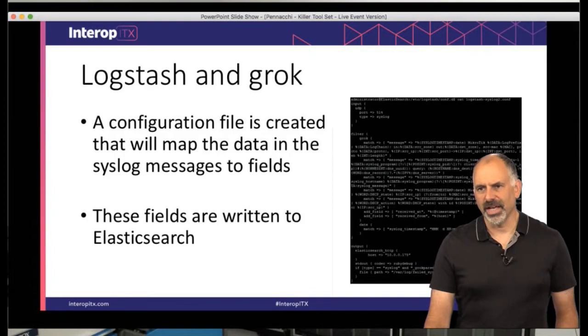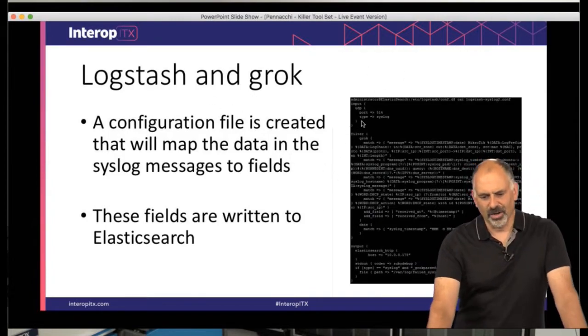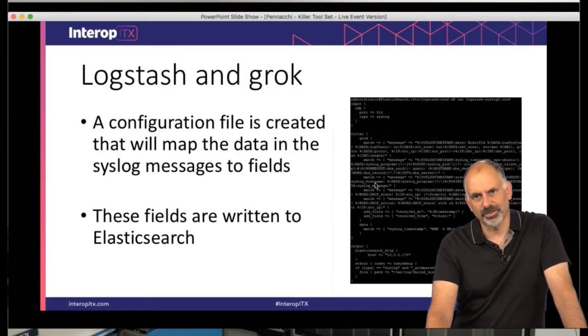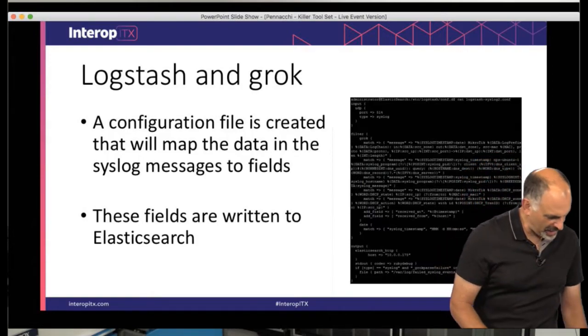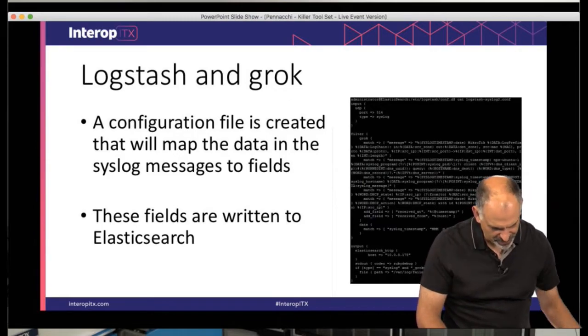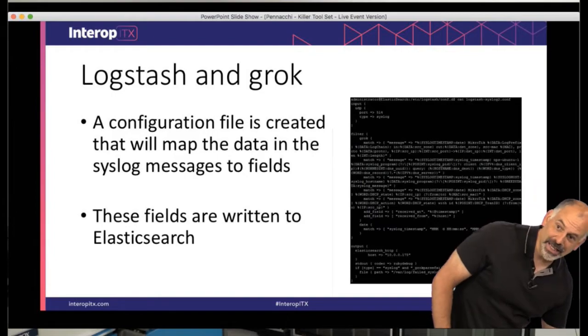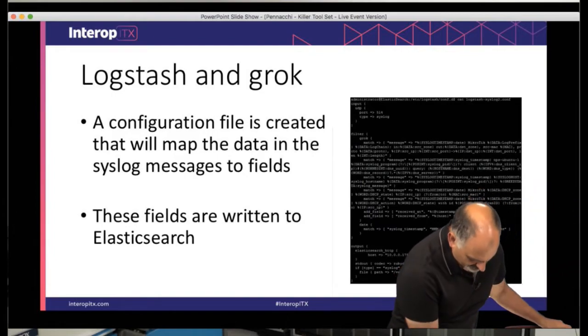So in this case, Logstash and grok. What I've got is all of these rules set up on my Logstash server. As a message comes in, it is looking for certain patterns. I'm going to grab this chair here for a second. It is looking for certain patterns in that data, and based on that data, it's going to parse that information apart.